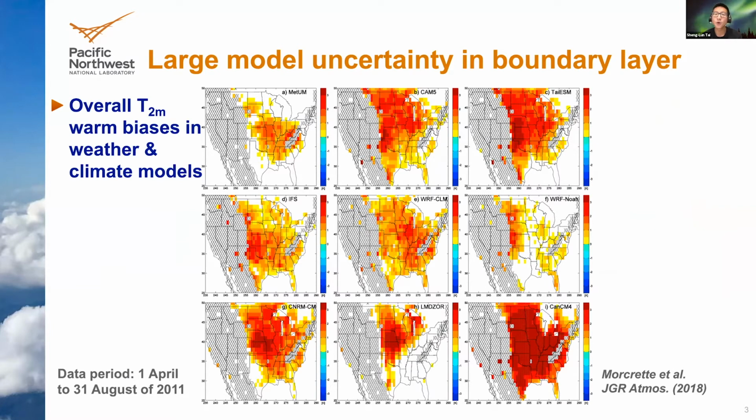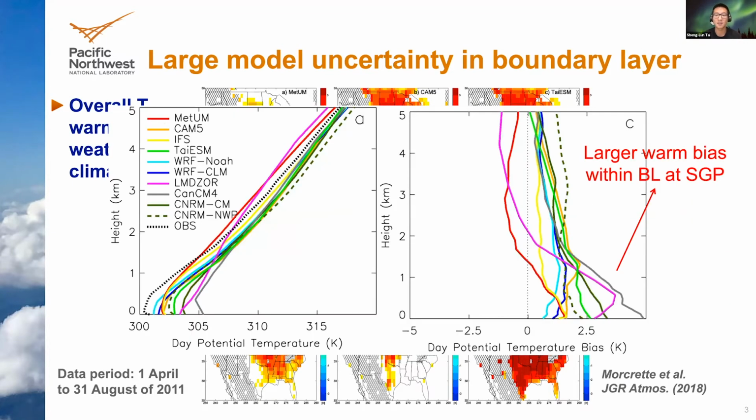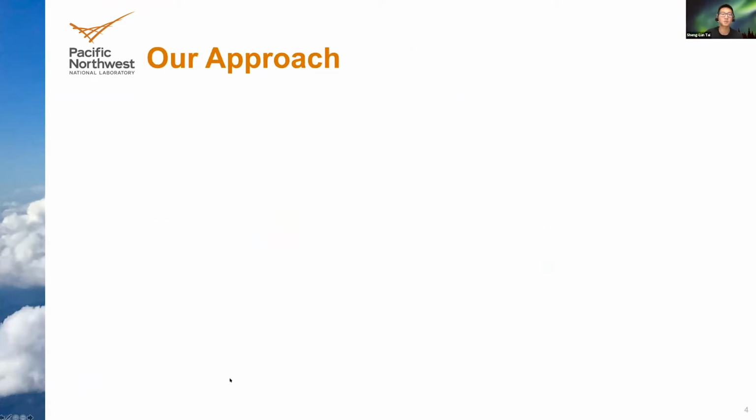They also compared the simulated temperature profiles against ARM SGP radiosondes, like here, and found a robust warm bias within the boundary layer at the ARM SGP location. So here comes our approach.